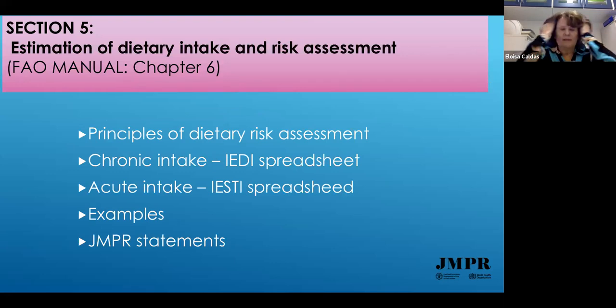Okay, let's then start our last section of the workshop, which is estimation of dietary intake and risk assessment. First of all, we're going to start with some principles of dietary risk assessment, talk about chronic intake, and I want to show you the IEDI spreadsheet, acute intake, IESTI spreadsheet.